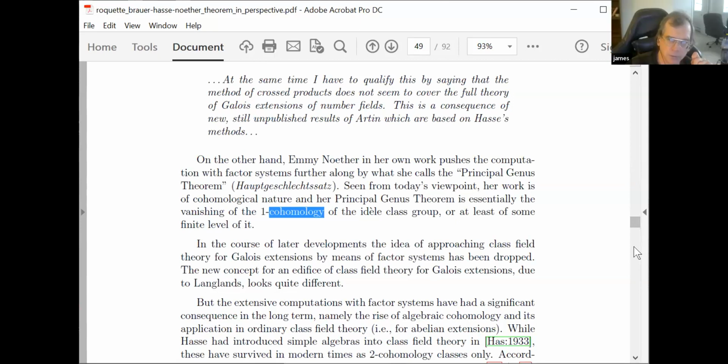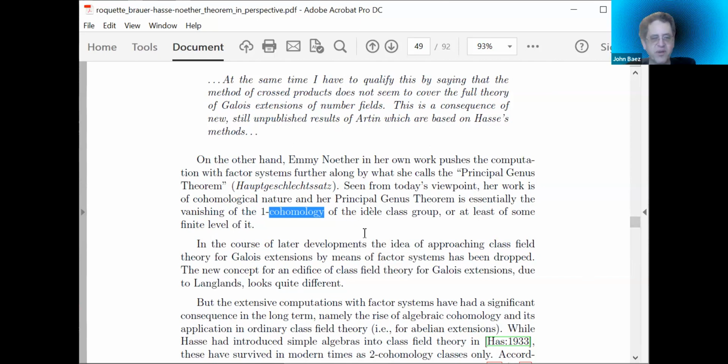Yes. And so those equivalence classes form a group under tensor product, and then they identify that group with a certain cohomology group.